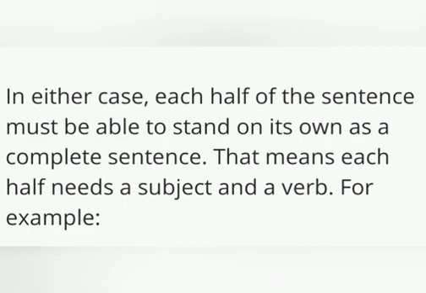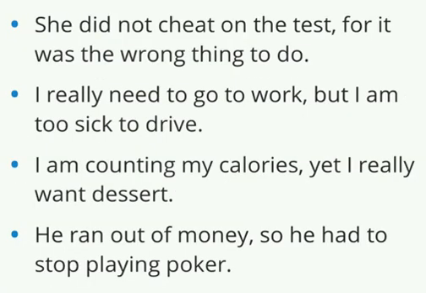And try to understand by these examples. Children, please read carefully. In one example, there are two sentences which are combined together with the help of a conjunction. I'm reading examples for you. She did not cheat on the test, for it was the wrong thing to do.